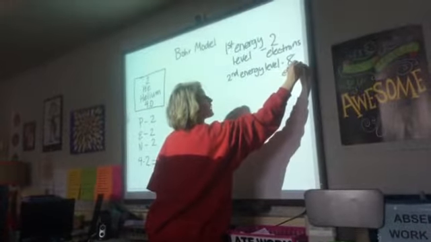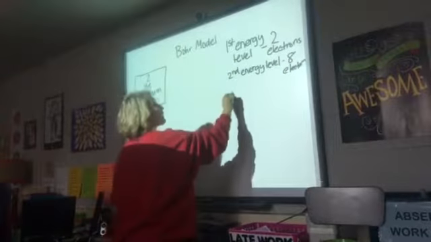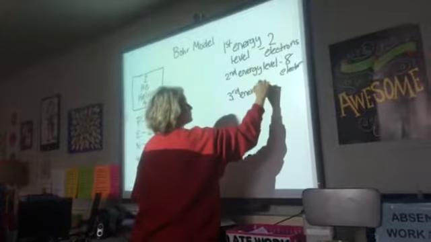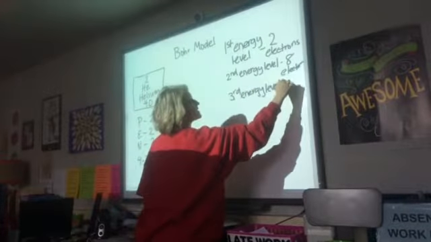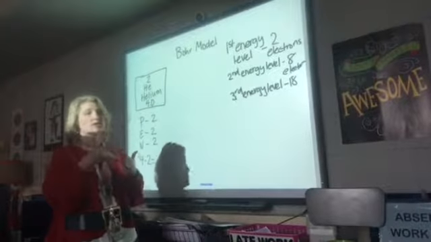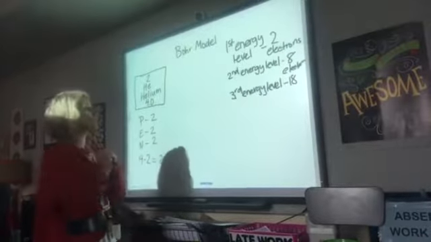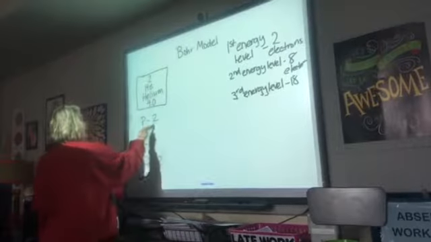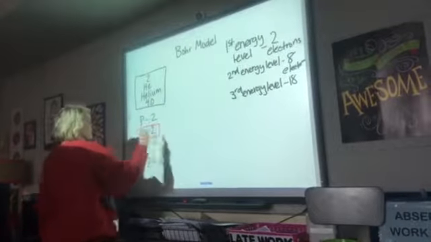Okay, I'm running out of room there. And then my third energy level can hold a max of 18 electrons. There are more levels than just 3, but we're just focusing on the first 3. We are just going to be looking at the electrons.